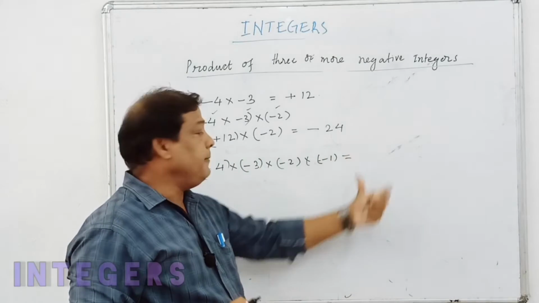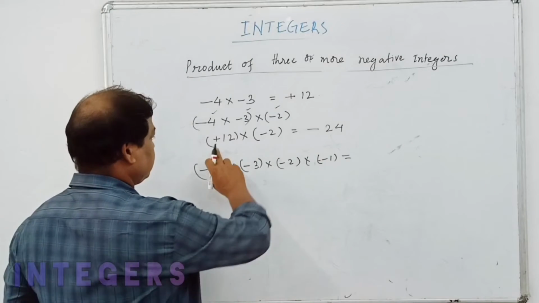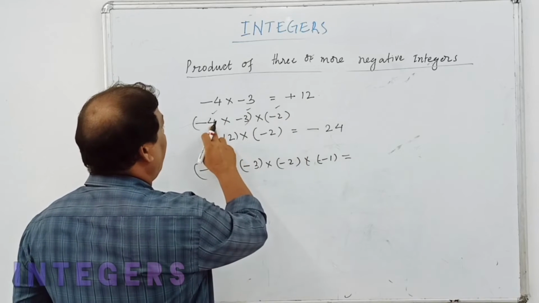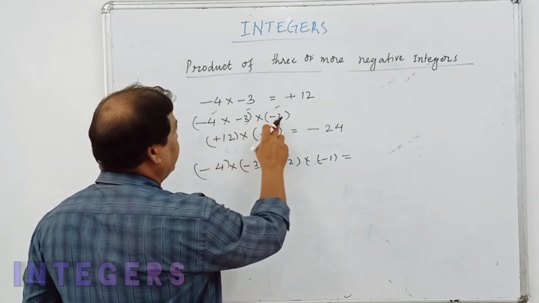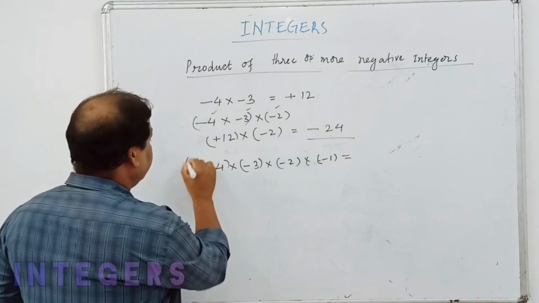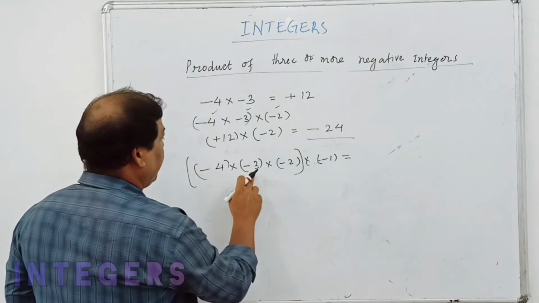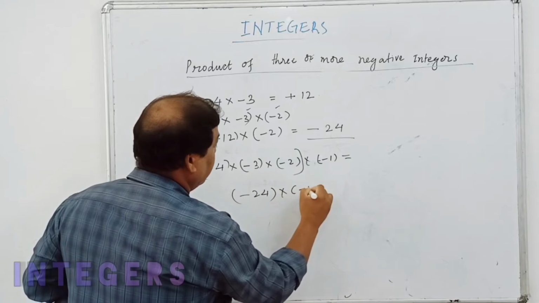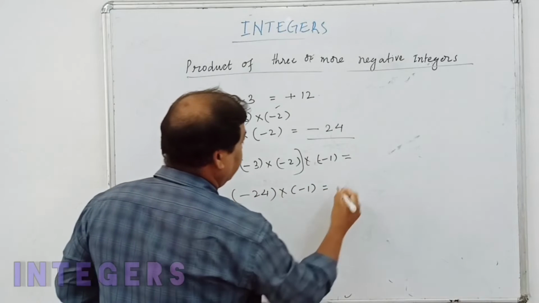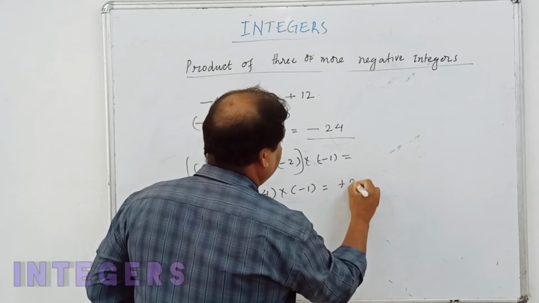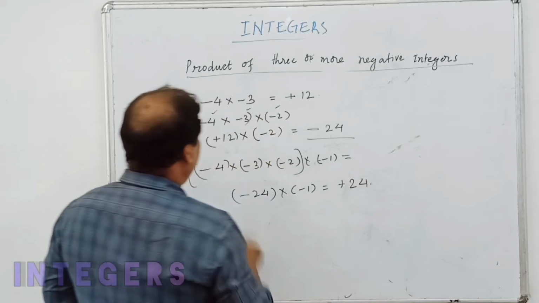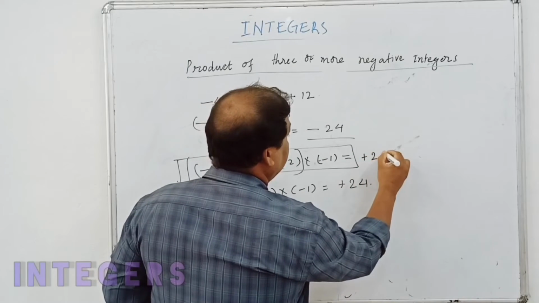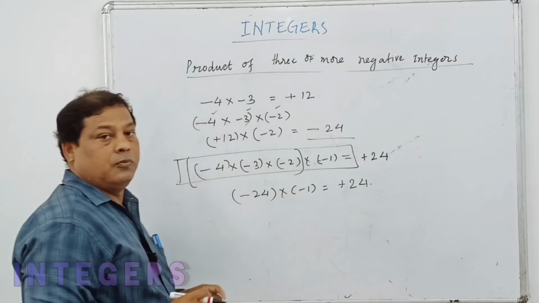Minus 4 times minus 3 is 12, and with minus 2 it is minus 24. Then multiplying by minus 1, negative and negative gives positive, 24 times 1 is 24. So the product of 4 negative integers is a positive integer, plus 24.